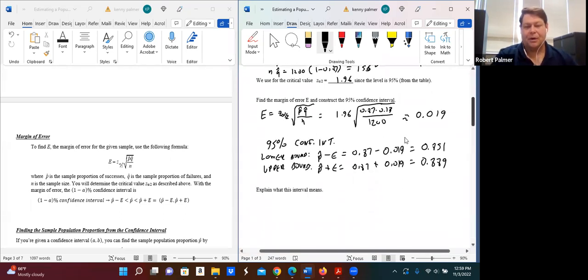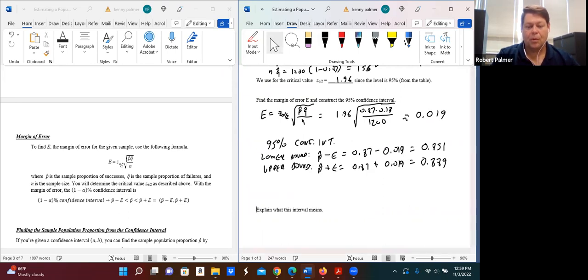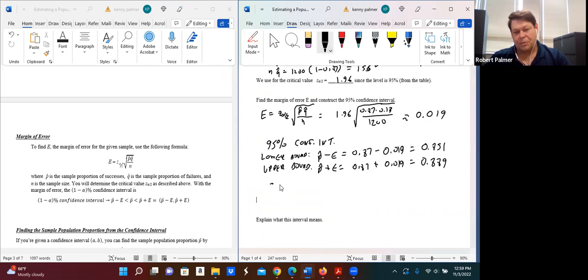Actually I do need a little space here. Let's move this down. All right, so our confidence interval, I'll also abbreviate it as CI, or 95% confidence interval, is going to be this interval 0.851 to 0.889. We'll write it a couple different ways.